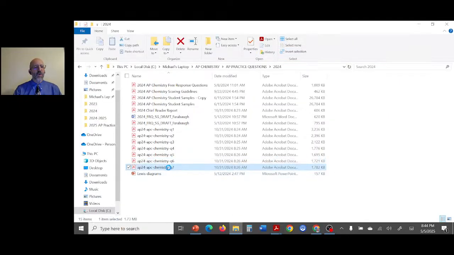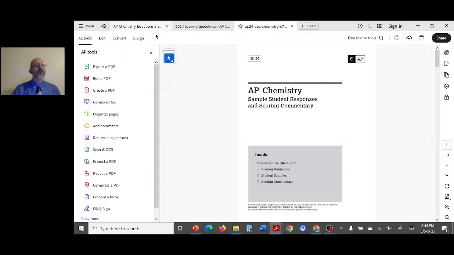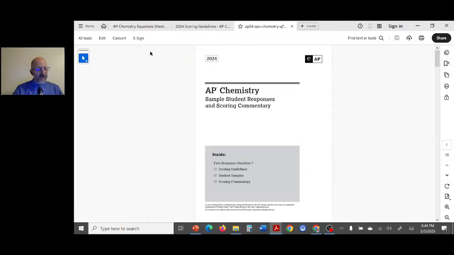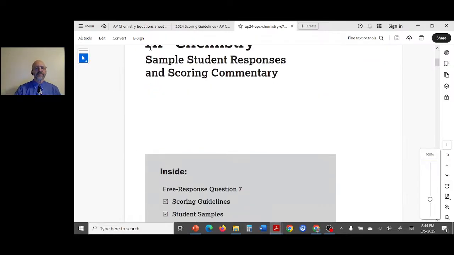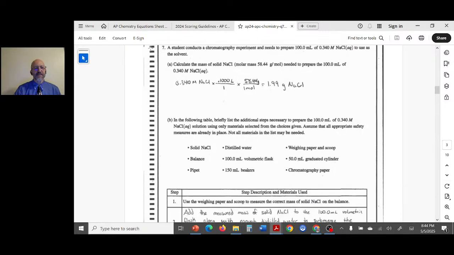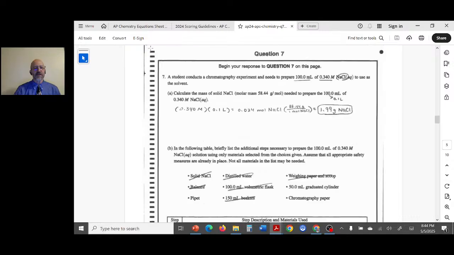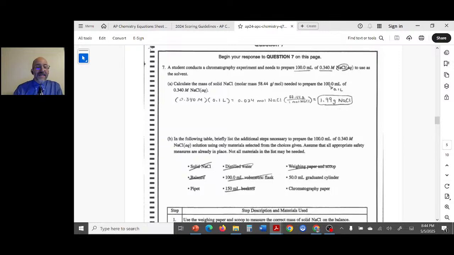All right, last sample question of the evening, or last sample student responses. Go find my scoring commentary and we'll see how many points these students earned. That's the official scoring guidelines. That's the official student who got all 4 points. This student got 2 out of 4 points. In part A, the point is earned for a correct calculation of the mass of sodium chloride.